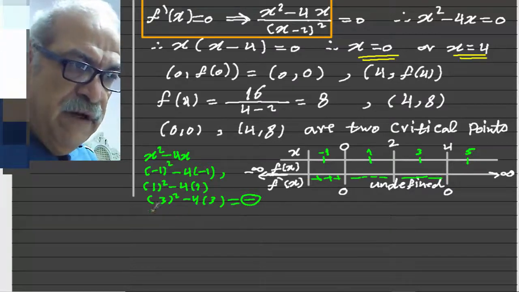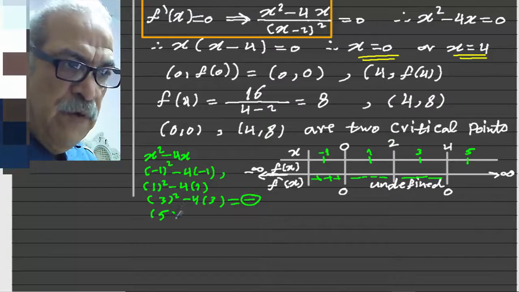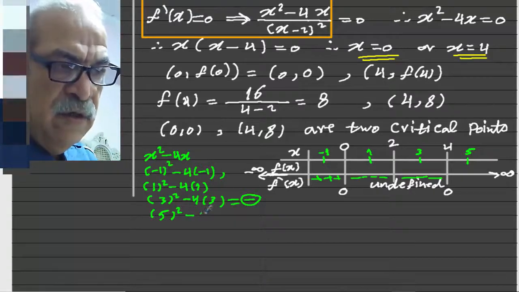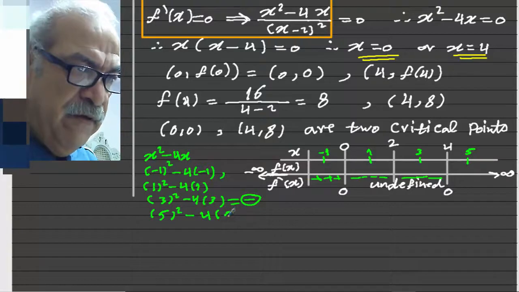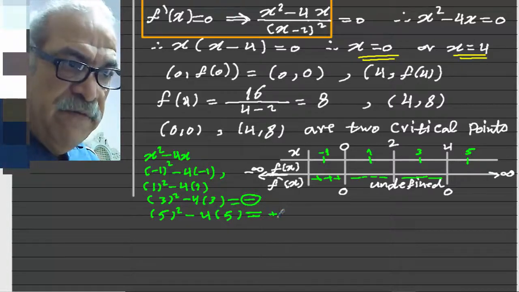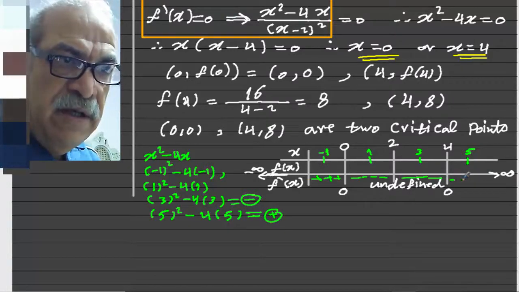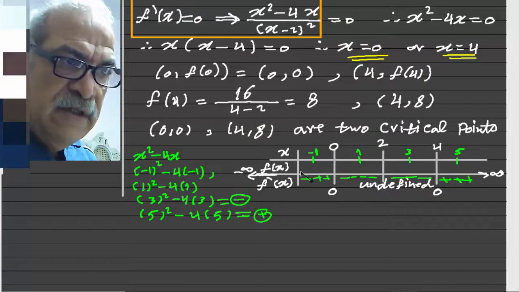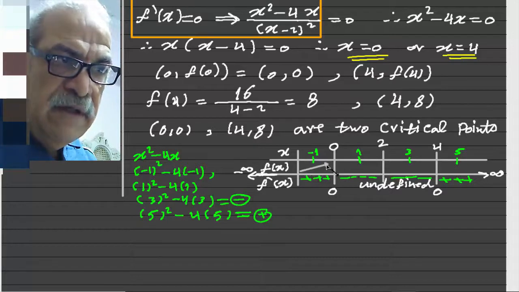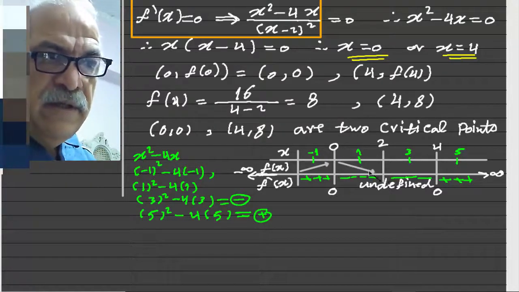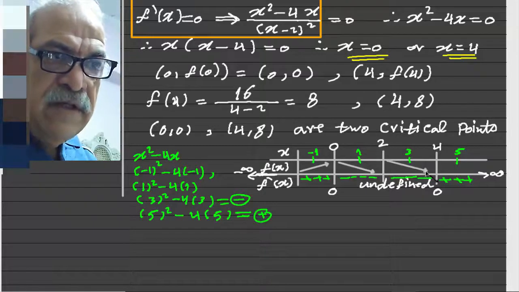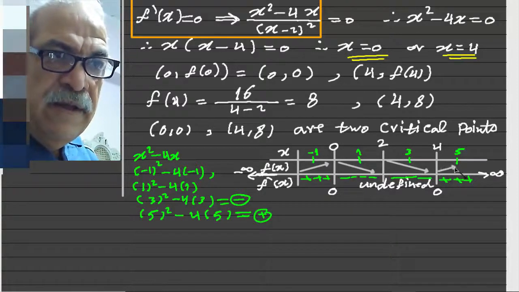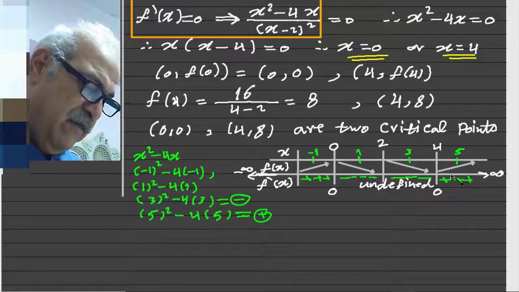Finally, we take 5. We have 5 to the power 2 minus 4 multiplied by 5. It is 25 minus 20, which equals positive 5. So the sign here is positive. So f dash of x in this interval is positive, so f is increasing, then decreasing. Also here it is decreasing, and increasing on the last interval.